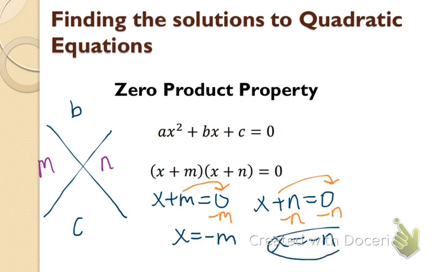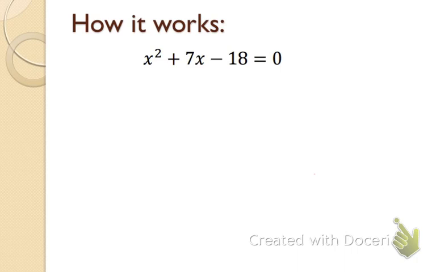In the end we end up with two solutions. Now they won't always be two different solutions. Sometimes they're going to be two solutions that are the same, and it's going to be known as one solution. And sometimes, again, the factoring doesn't always work. So let's go ahead and try this example. We're going to factor and then we're going to solve.